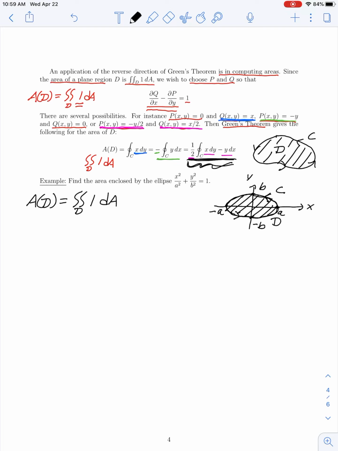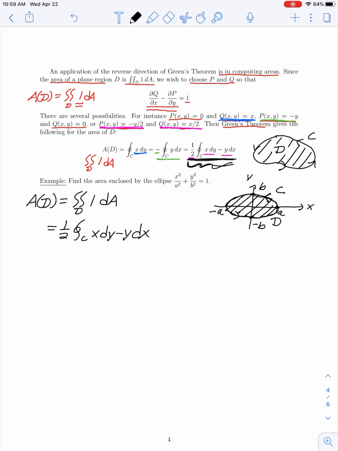So by making use of Green's theorem, we could calculate half of the line integral over the closed curve C, that is the ellipse, of x with respect to y minus y with respect to x.